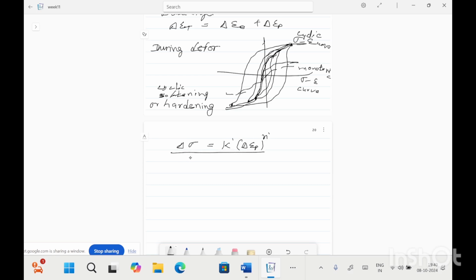For this equation, n prime is the cyclic strain hardening exponent, and K prime is the cyclic strength coefficient.